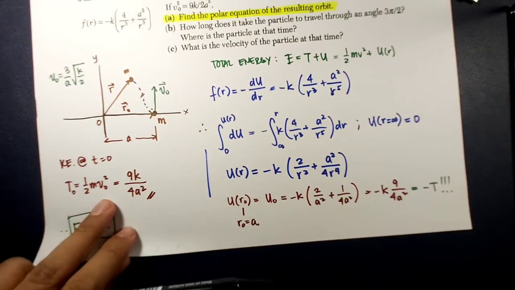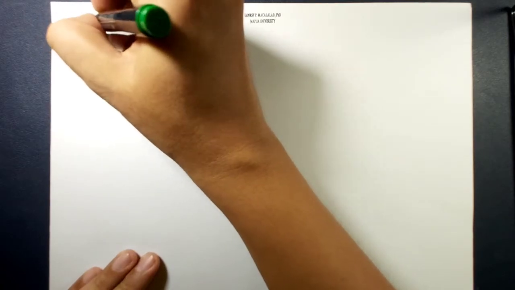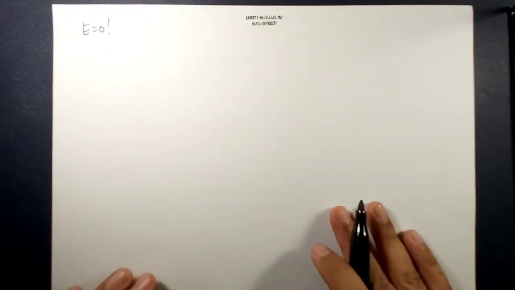So now, let's compute the polar equation of motion of your particle. We know that the total energy is 0.